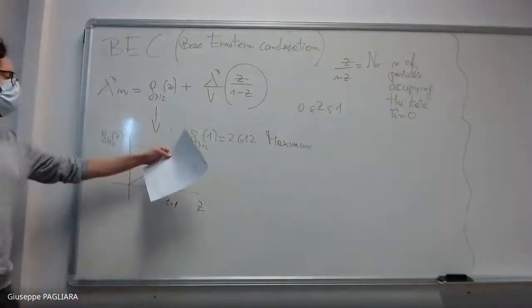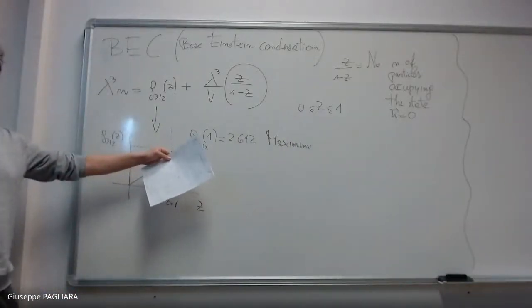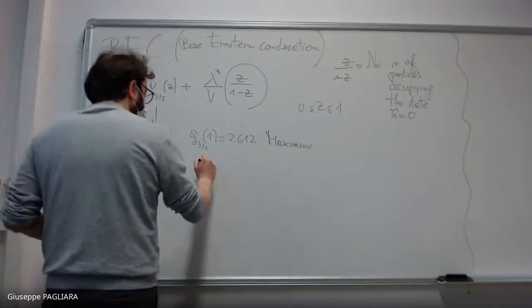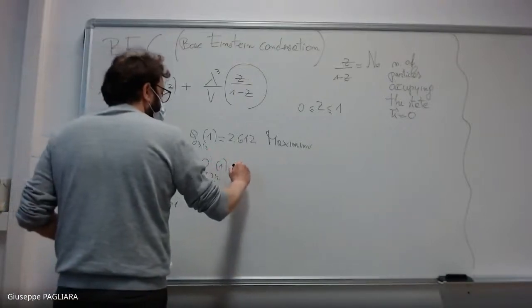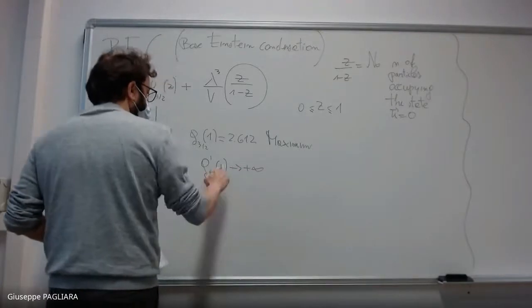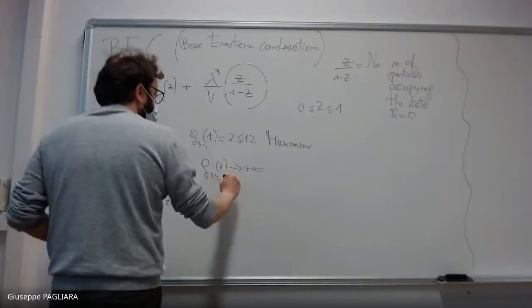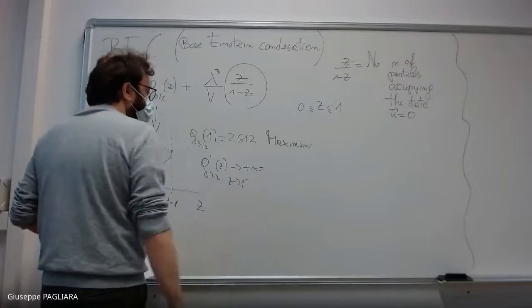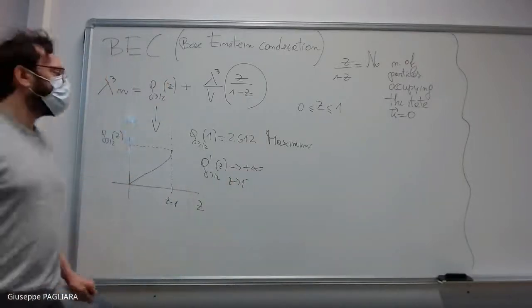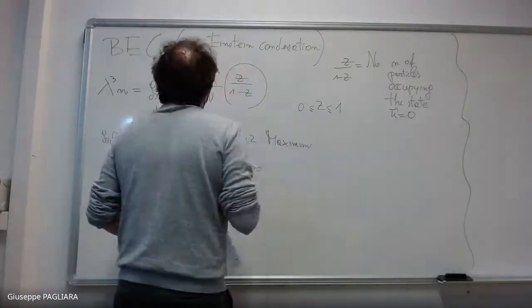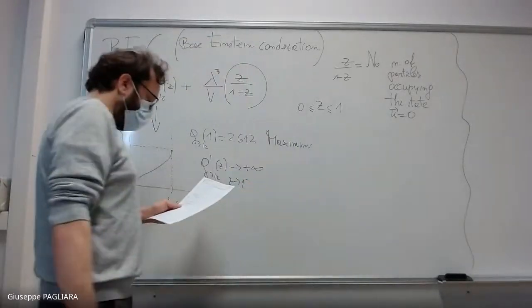And the derivative at the maximum is divergent. So G prime 3 alpha 1 goes to infinity. Or better to say, for z approaches 1 from the left. And this can be easily seen by considering the fact that there is a relation.